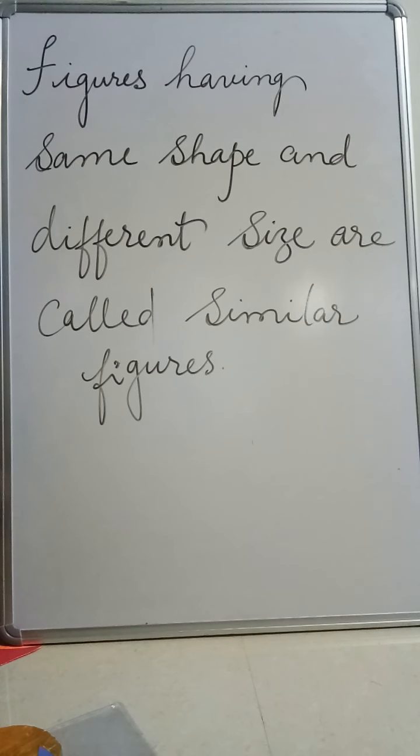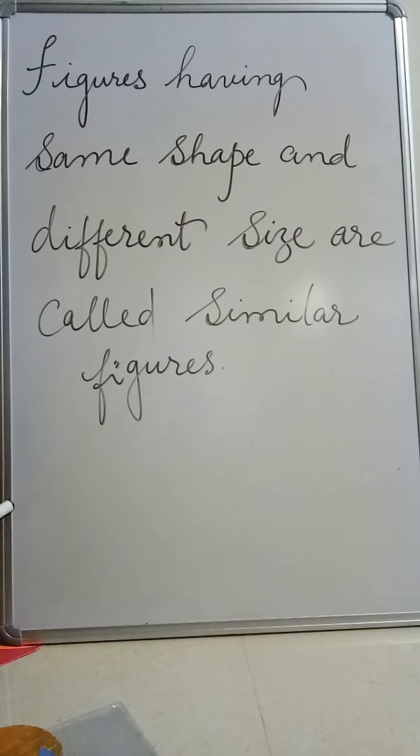Example: you have to list it, children, and write it in your notes. Examples for congruent figures and examples for similar figures. Now we can discuss the difference between congruent figures and similar figures. What is the difference between them?